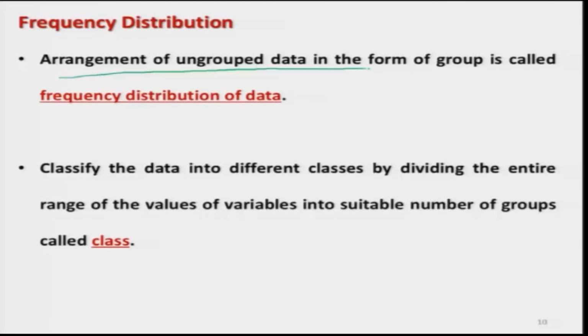This arrangement of ungrouped data in the form of groups is called the frequency distribution of data. That is standard terminology and we always say, please create a frequency distribution. That means you need to group the data and then condense it.